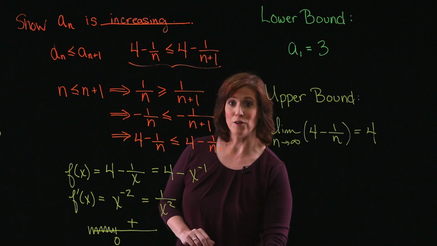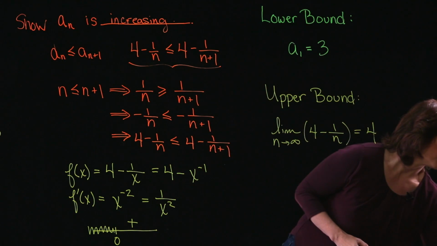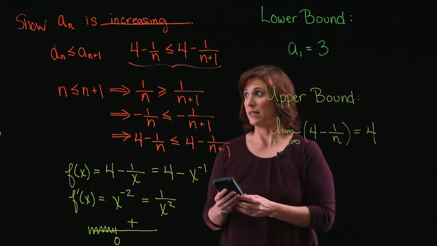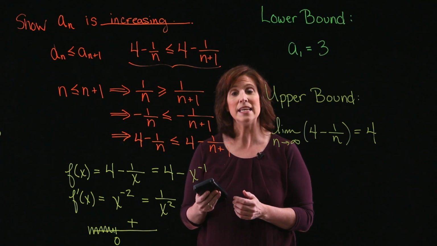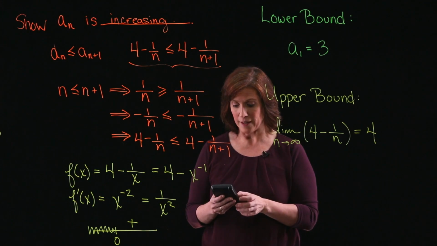Okay, now let's use a graphing utility to help confirm our results. There are actually several ways you could do this. The first of which is to think of my sequence as the continuous function 4 minus 1 over x, and simply graph it.